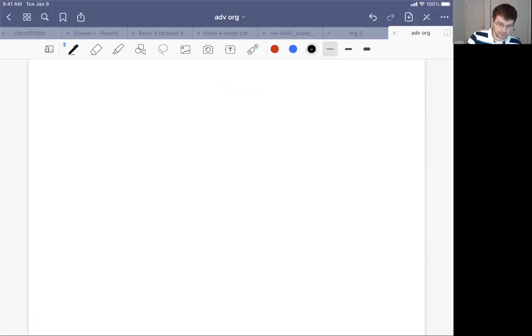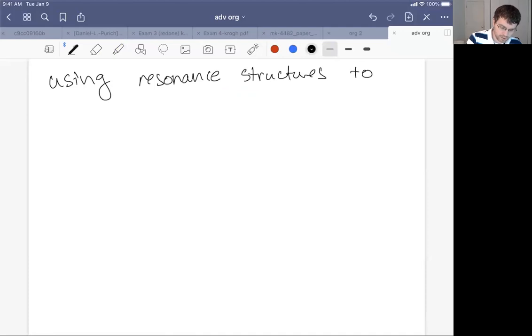So it turns out that you can use resonance structures to show aromaticity when lone pairs are part of the ring.